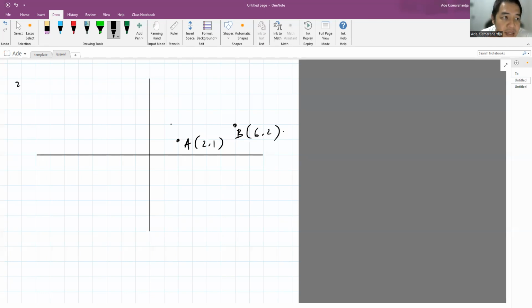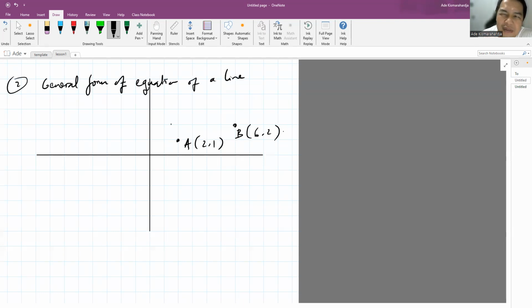Now, the second method is actually using the general form of the equation of a line. What is that?